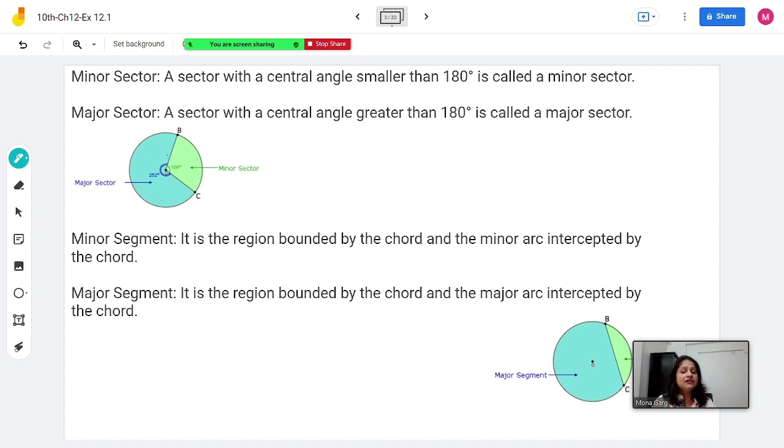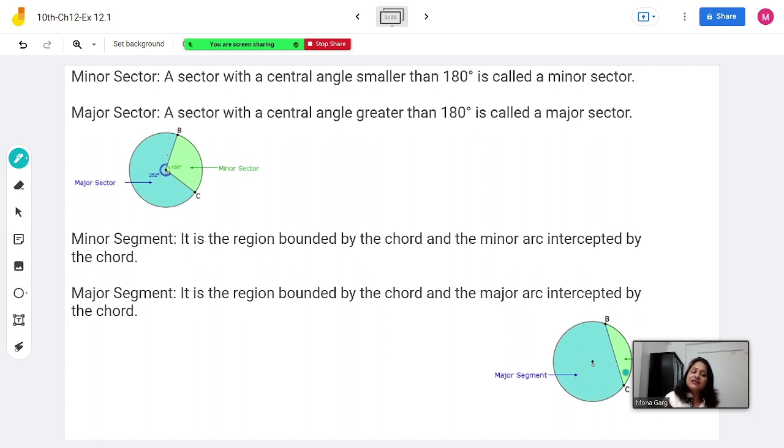Similar is the segment case. If the angle made by the arc at the center is more than 180, in that case it is a major segment. Or one more definition, the semicircle: if I join the line from the center to the two parts of the circle, that will make the diameter.